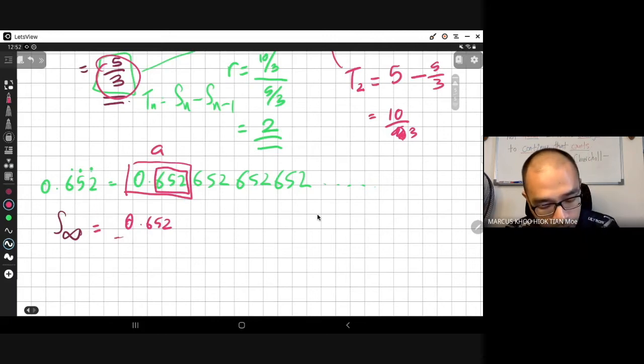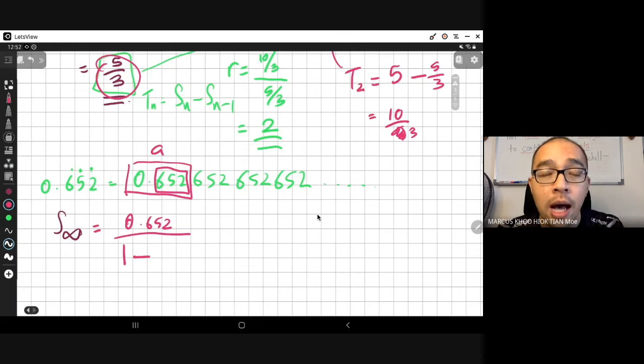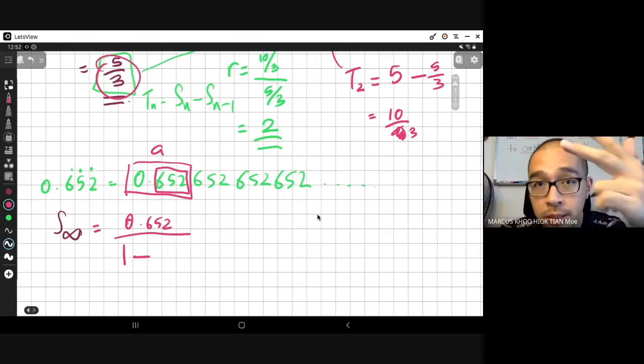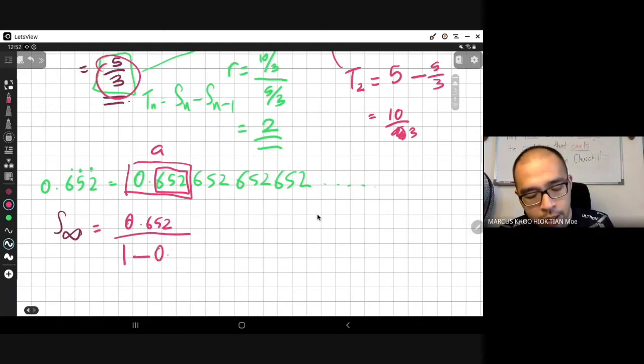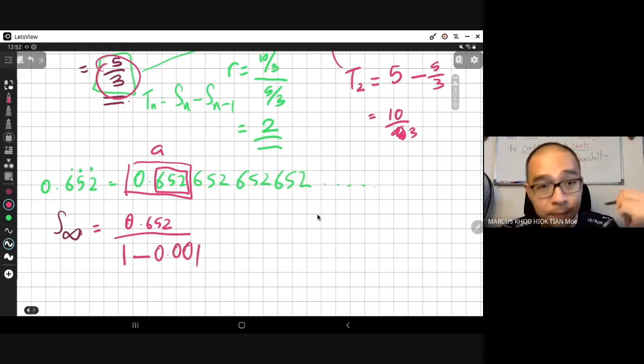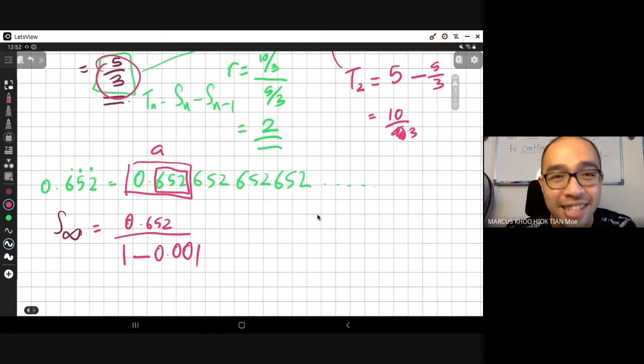And then 1 minus, we take a look: how many numbers are repeating? 652. There are 3 numbers, right? So if there are 3 numbers, it will be 0.001. If there are 2 numbers repeating, it will be 0.01. If there's only 1 number repeating, it's 0.1.